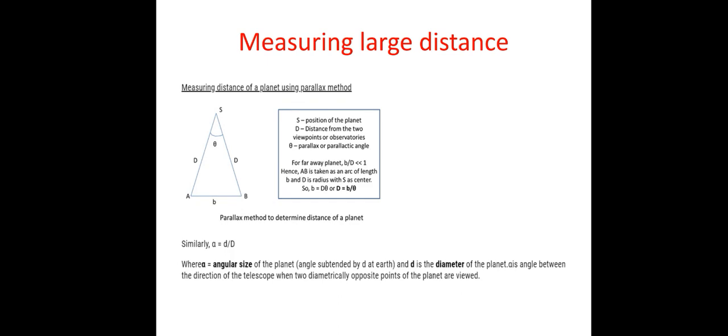So for the angular size, theta equals b by D. Since we know that the planets are far away, b by D must be much less than 1.